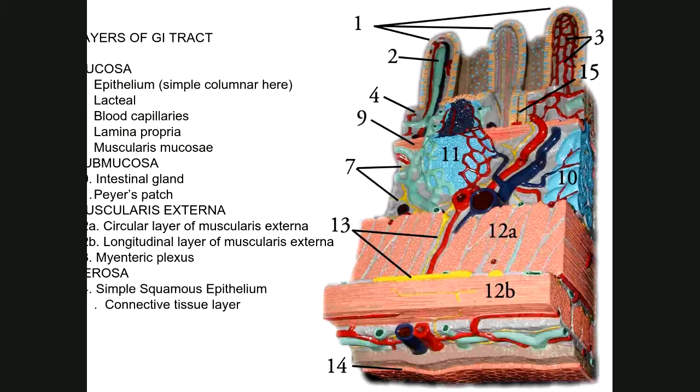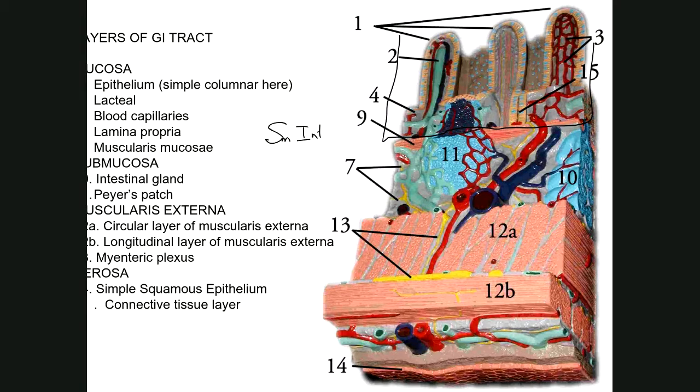Remember, this is not the stomach. This is the small intestine. If we look at that, the only difference is there's not going to be three sublayers in the muscularis. But look, there's our mucosa. And even in this low picture, we should be able to pick out the sublayers.